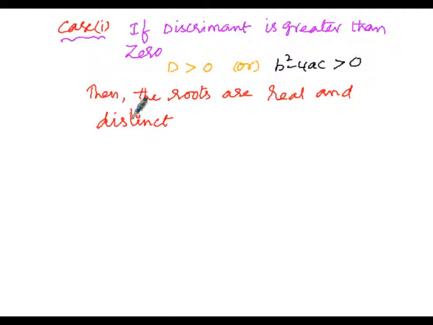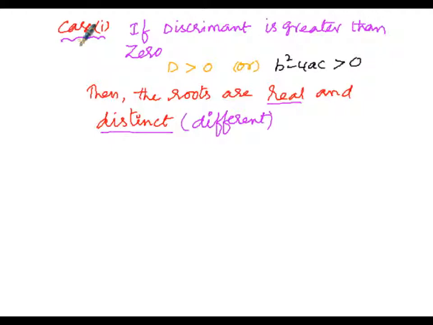The meaning of distinct is different. The roots will be real as well as distinct when D is greater than 0.